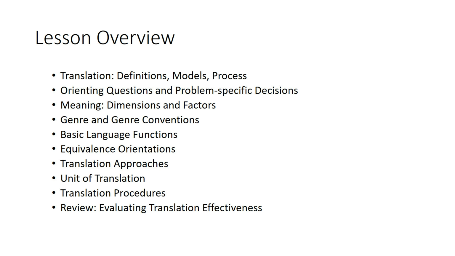Then I'm going to introduce the 3 basic language functions, 3 equivalence orientations, my take on translation approaches. We'll talk about the unit of translation, a little bit about translation procedures, then we'll wrap up with a discussion of how to review and evaluate translations.